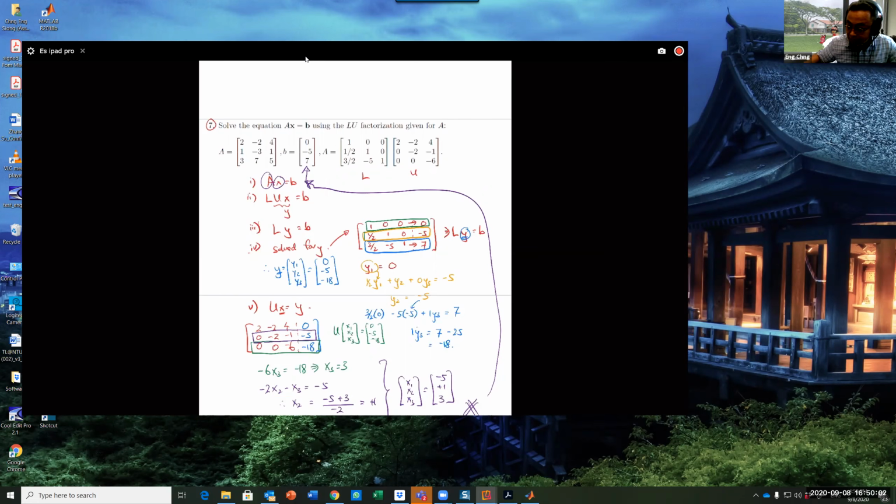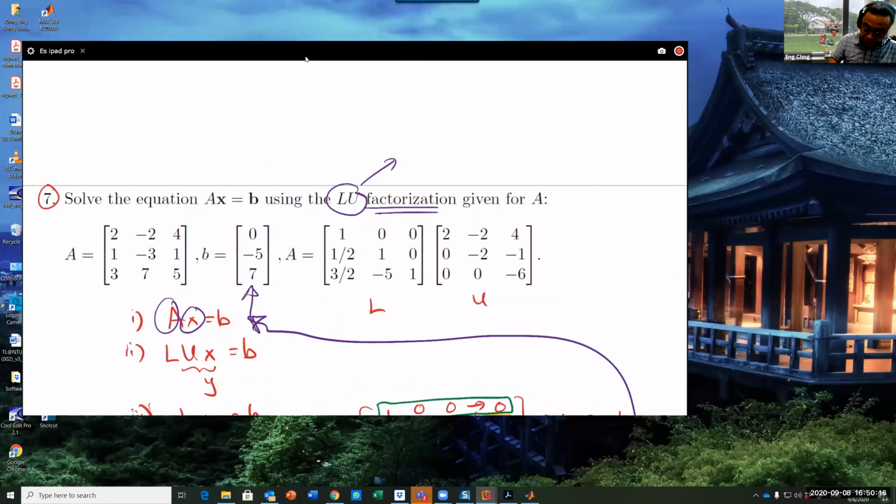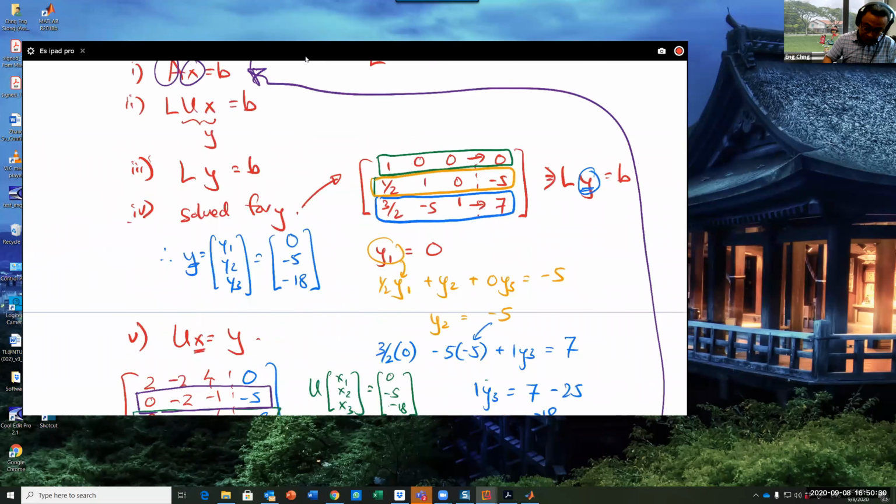From your perspective, LU is the first factorization, and there are many factorizations. Given a matrix A, we can do LU in question number 7, and in question number 8, let's pick PDP minus 1.